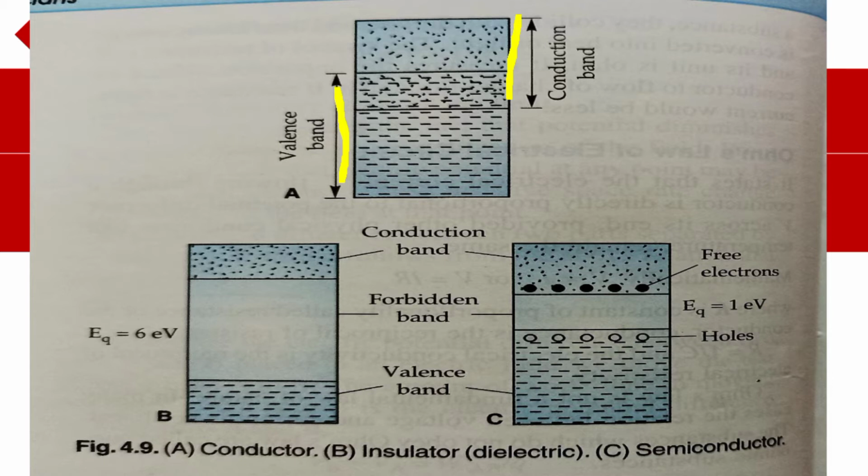In the insulator there is a large forbidden gap. And in the semiconductor there is a small forbidden gap, very much less than in insulators and somewhat more than in conductors.